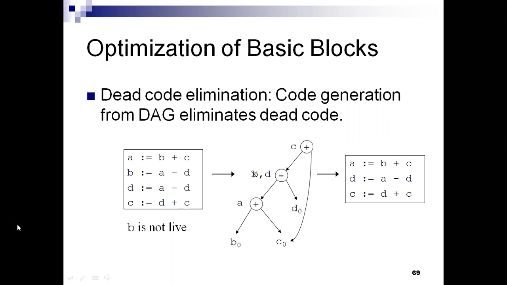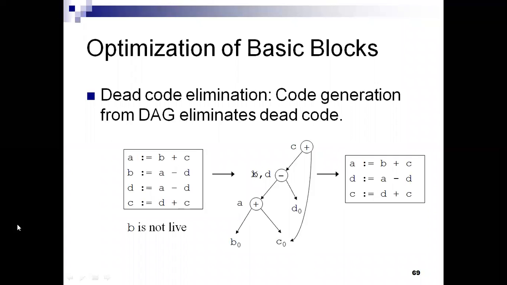For example, A has some value, B has some value, D has some value, and C has some value. When you use the value subsequently, only then can we say that the variable is a live variable. Otherwise, it becomes a dead variable, right? I think you all understand, because I explained this in principal sources of optimization.